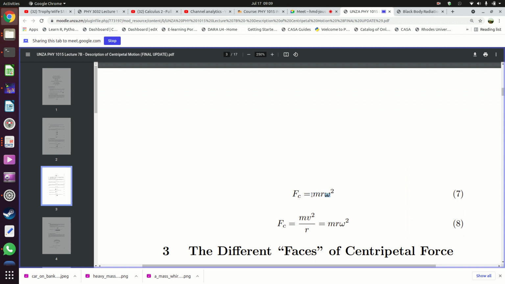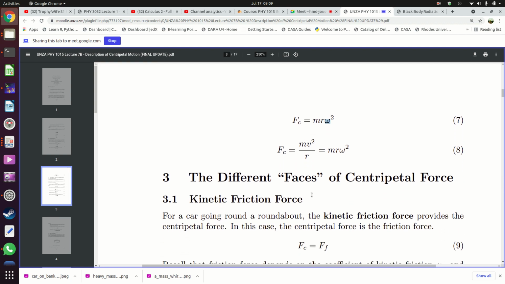So there are two ways to work out the centripetal force. Fc equals the mass times velocity squared divided by r, and Fc also equals the mass, radius, omega squared.